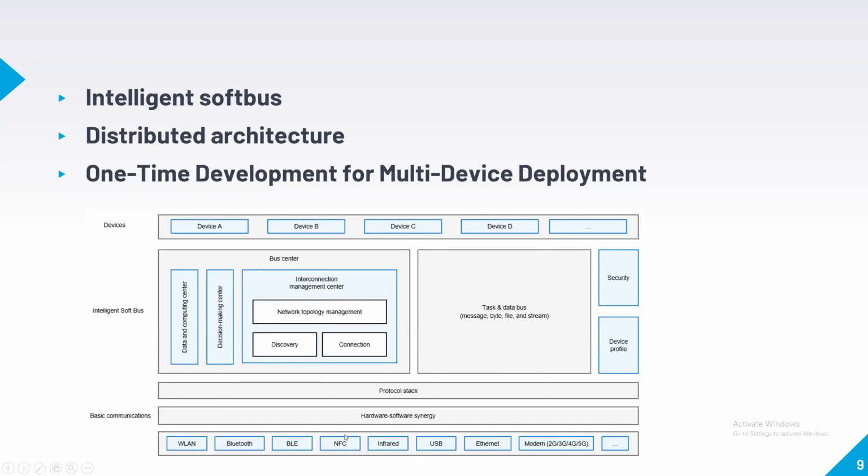We have a special type of header to understand what kind of information is exchanged between the two devices. That is also patented, so I cannot share it, but it is a special header that understands the meaning of the data.